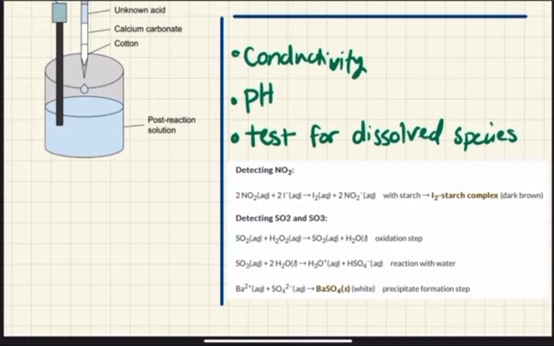If SO2 or SO3 were present in the solution, we can detect them using barium ions because barium is able to create a solid precipitate with sulfate ions that are present in solution. SO3 we know already makes sulfate ions when it is dissolved in water, but SO2 we need to manipulate a little bit to force it to become SO3 so that it will make sulfate ions that can allow that precipitate to form.